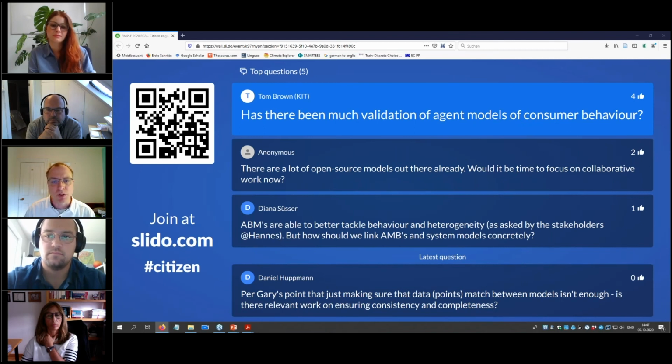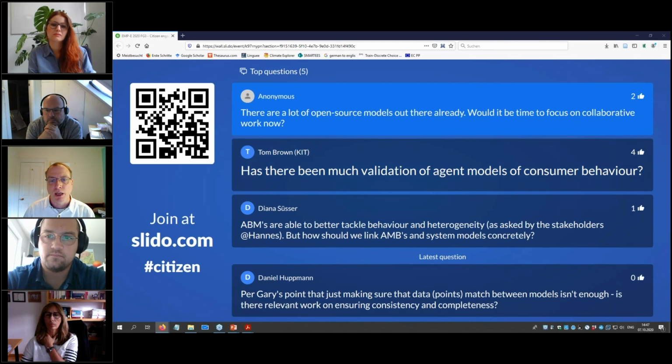In terms of the open source models out there already, and whether it's time to focus on collaborative work now, I'm actually involved in a meeting going on today about the Open Modeling Foundation, the formation of this. It's an American-led initiative from the National Science Foundation. And this question of model reuse is very, very difficult, especially in social systems.